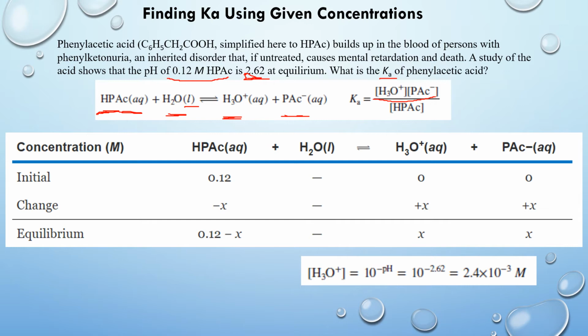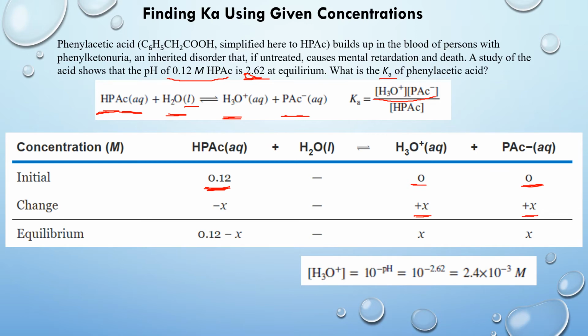Then we can create our ICE table. The initial concentration for the acid is 0.12, which is given, and the concentrations of the products are 0 at the beginning. Based on the stoichiometry, because the coefficients are all equal to 1, the amount of proton produced, which is x, is also equal to the amount of conjugate base produced.